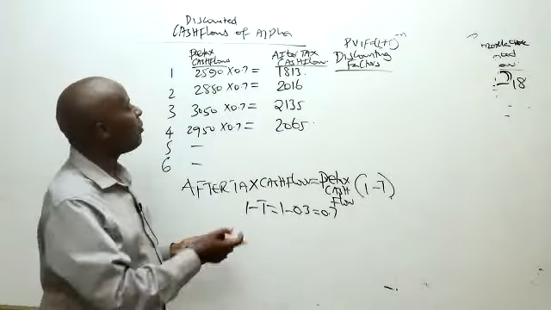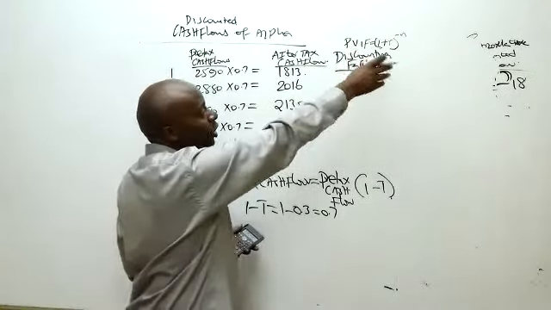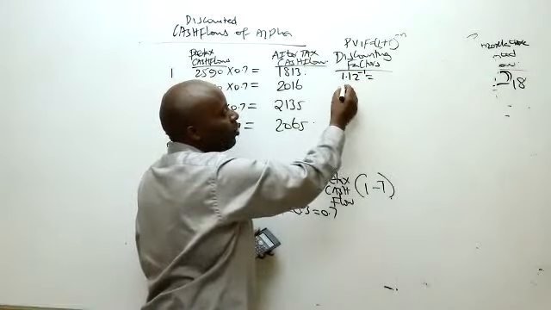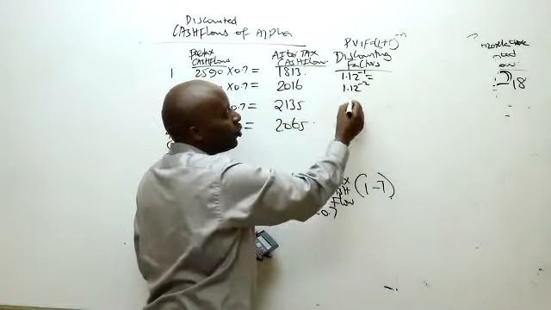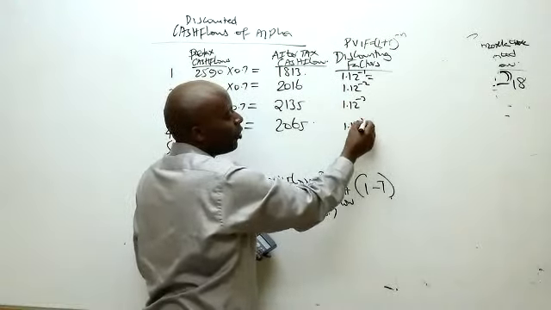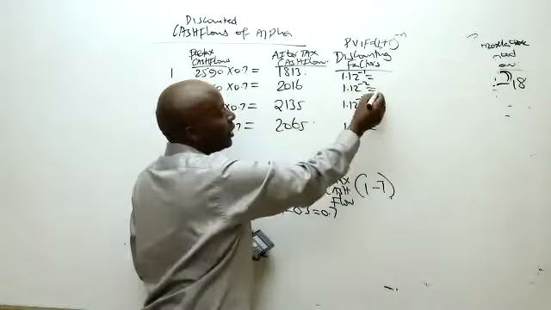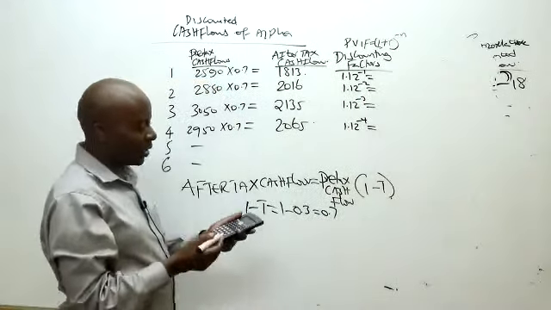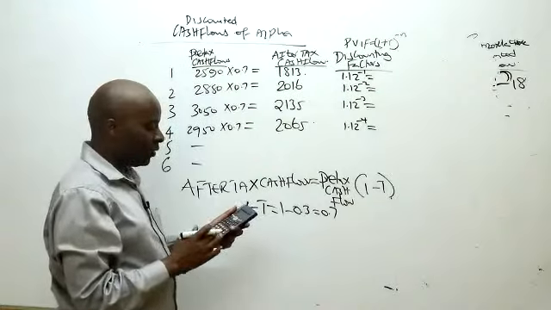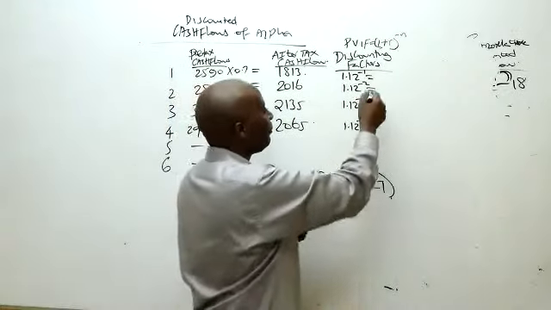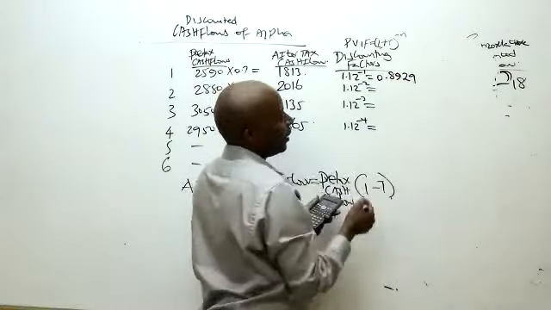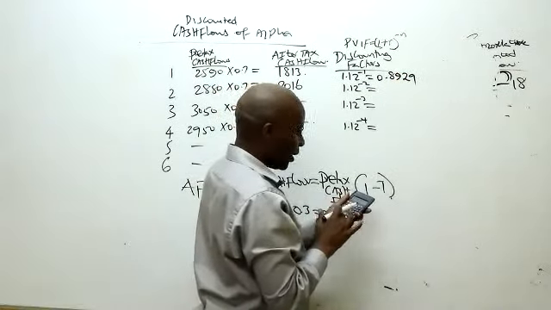So then we have 1 plus 12%, that is 1.12, raised to minus 1, minus 2, minus 3, minus 4. Give us figures. 1.12 raised to minus 1 gives us 0.8929.